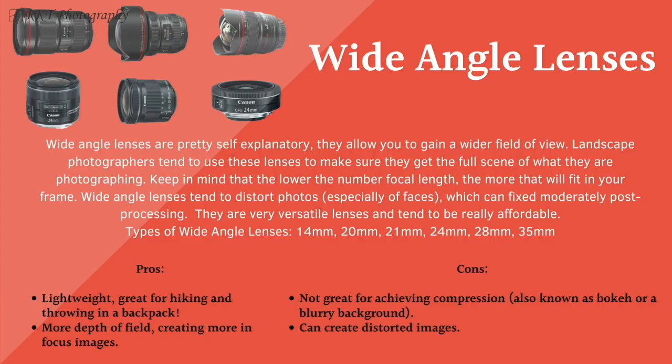So it will give you more depth of field, creating more in focus images. Cons, let's talk about some drawbacks. They are not great for achieving compression, also known as bokeh effect or a blurry background. So they can create some distorted images.